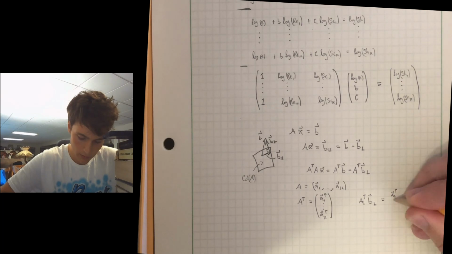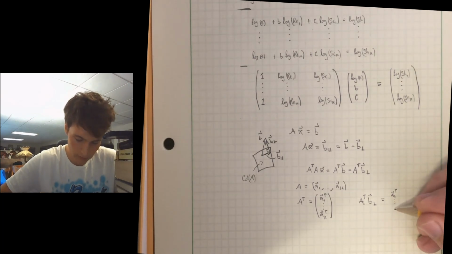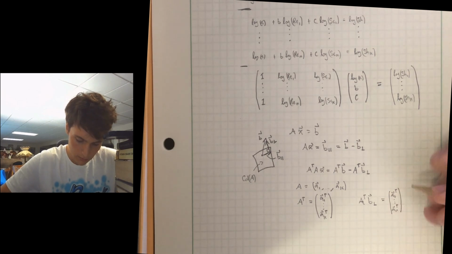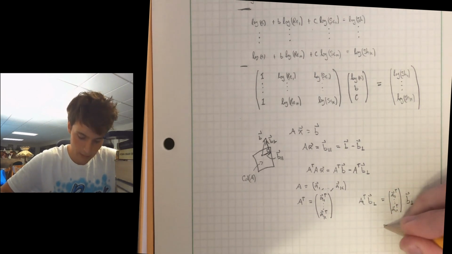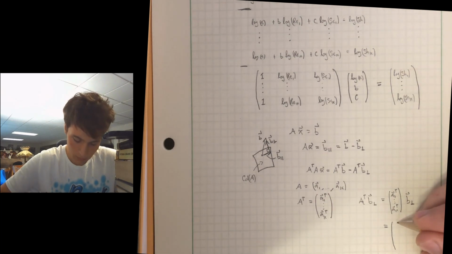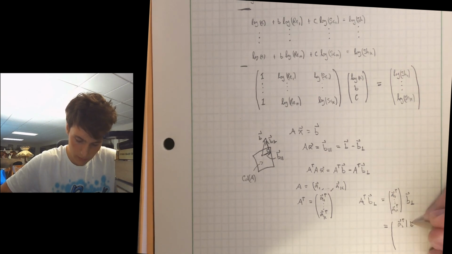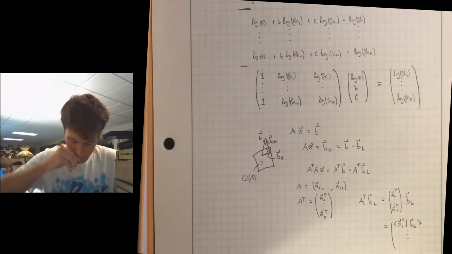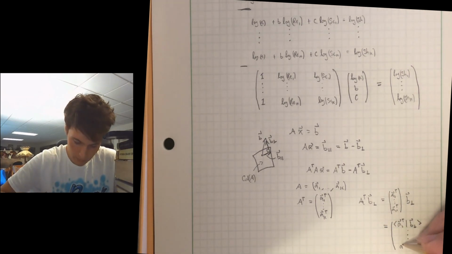A1 transpose through Ak transpose, I'm just writing down what A transpose is, multiplied by B perpendicular, and this is just equal to a one-dimensional array: the inner product of A1 transpose with B perp, like this, inner product, dot product, whatever, down to Ak transpose B perp.